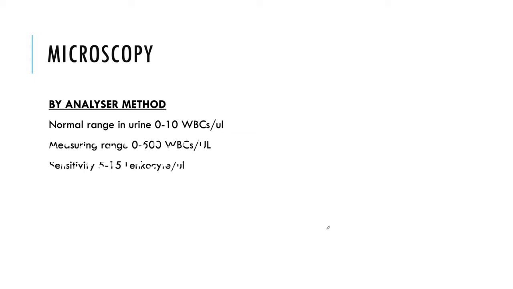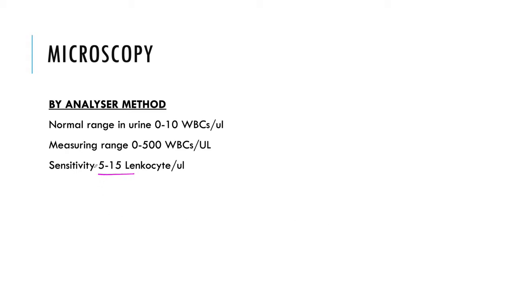Now, by the analyzer method, the normal range is 0 to 10 WBC per microliter of urine. That is in the normal case. The measuring range is 0 to 500, and the sensitivity level is 5 to 15.